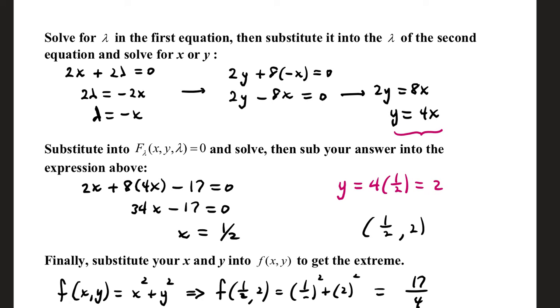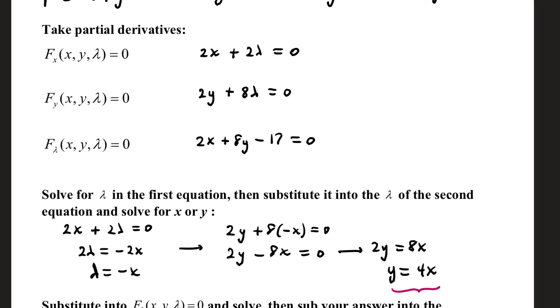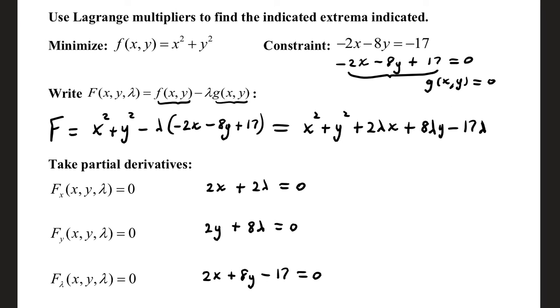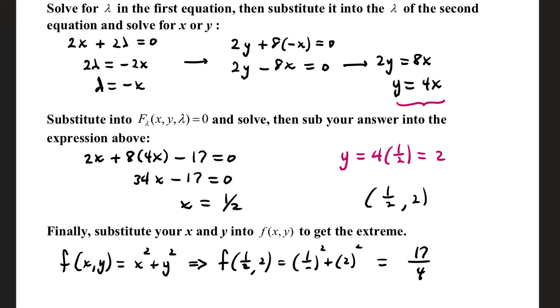Now, once you've figured out the point where the extrema occurs, we go all the way back up. The original function we were given and asked to minimize was x squared plus y squared. We're going to replace x and y in that original function with 1/2 and 2. So that's 1/2 squared plus 2 squared.